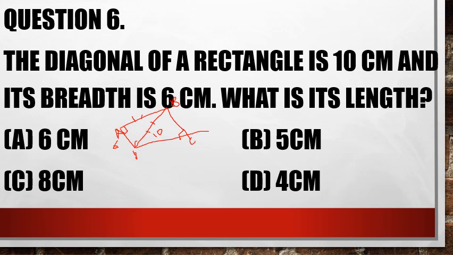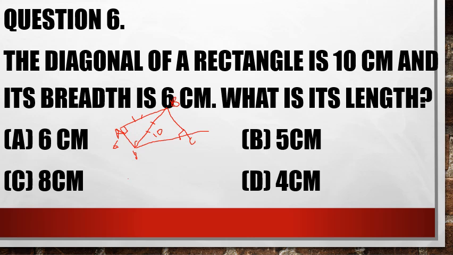So we know the Pythagoras property that the sum of the square of base and perpendicular is equal to the square of the hypotenuse.